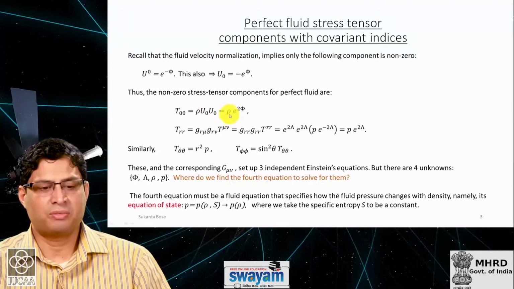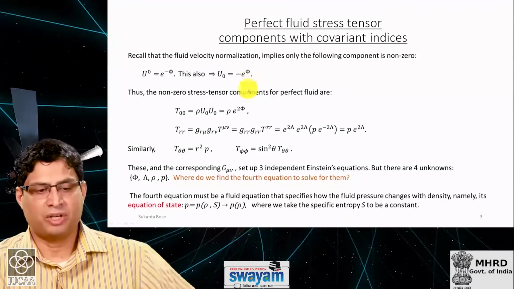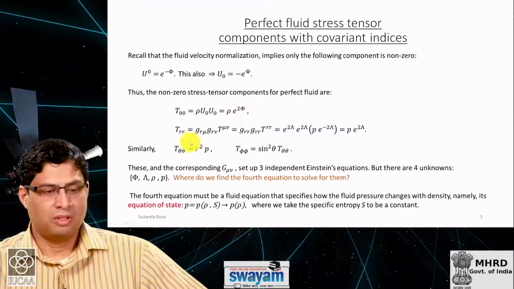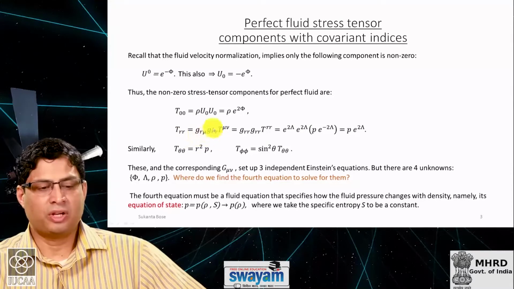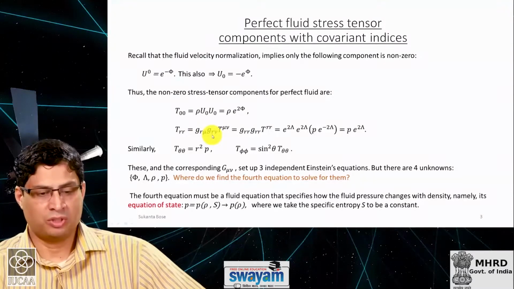So, that will give you rho times e to the 2 phi, because u_0 squared, where u_0 is down, is just negative e to the phi squared. So, that checks out.